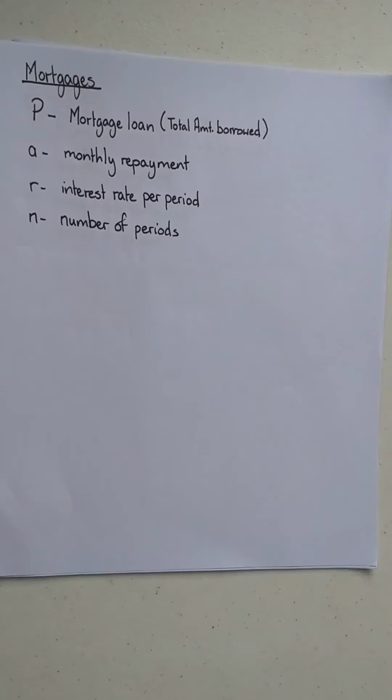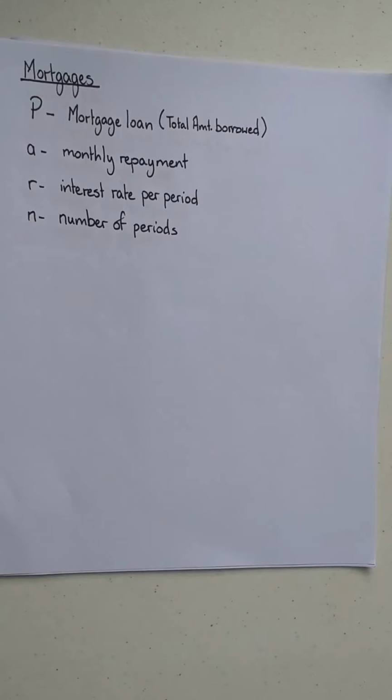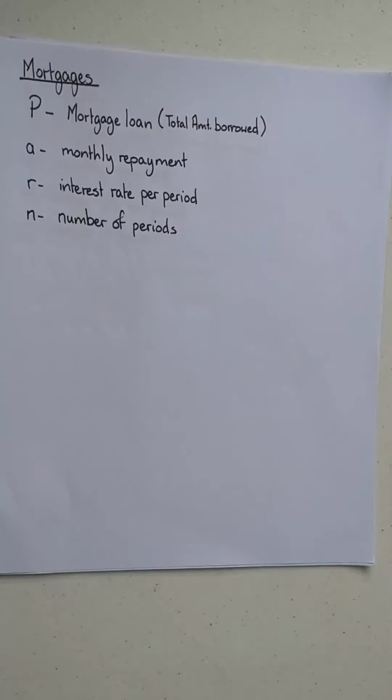And again, we see R and N, the interest rate per period and the number of periods, similar to what we would have seen in compound interest considerations.